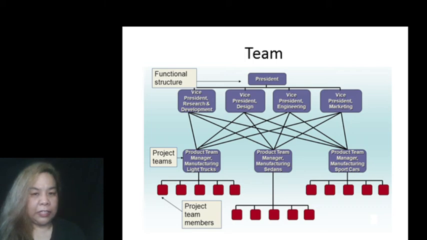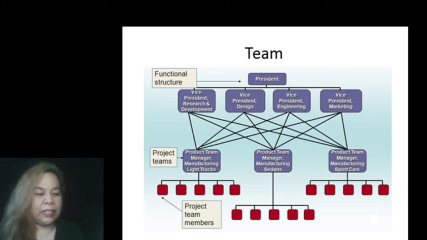Another organizational structure is what we call the team structure. This is created to complete special projects similar to the matrix structure. They're also created to solve problems or to accomplish daily tasks. Team structures are composed of permanent or temporary teams, sometimes called task forces, to handle specific activities.